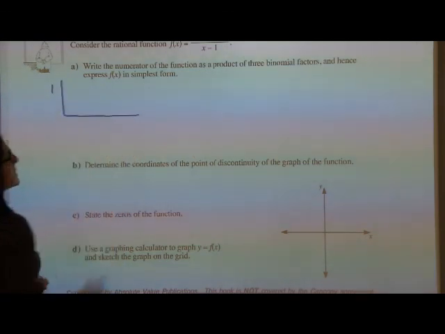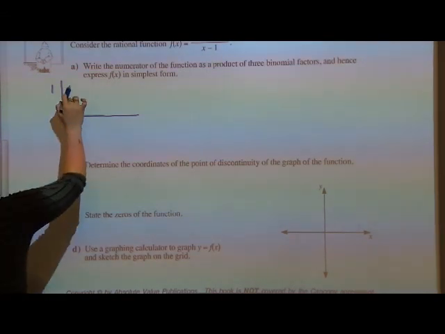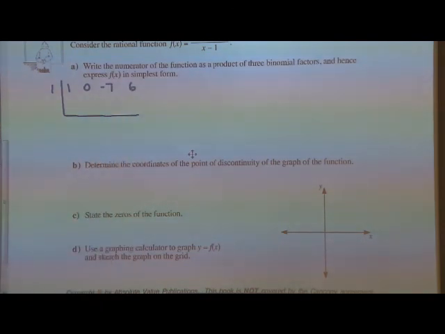So then I can use my synthetic division to help me divide. So I have 1, 0, negative 7, and 6. Why the 0? There's no power of 2. Right. I have no x squared, so I still have to hold the place.